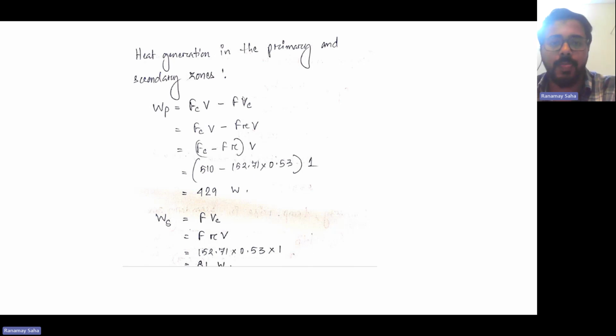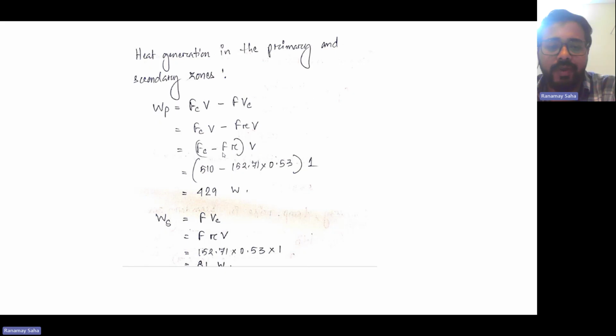It is the friction force multiplied by chip velocity. Okay, just plug in the values again from the earlier derivations by using the sine rule. In our last class we have seen how we have derived the different velocities, the chip velocity and the shear velocity, in terms of the cutting velocity V. Just refer to that earlier. We see how Vc becomes equal to the chip thickness ratio or cutting ratio r multiplied with the cutting velocity V.